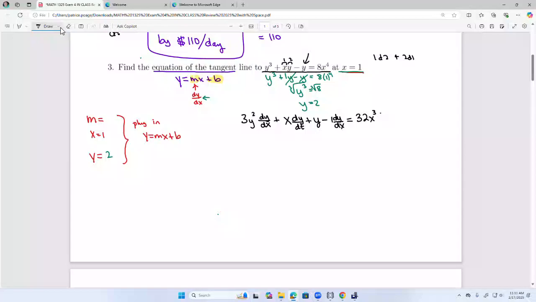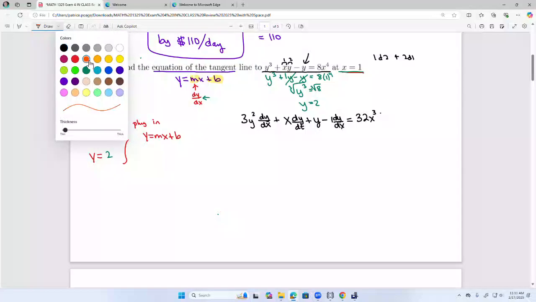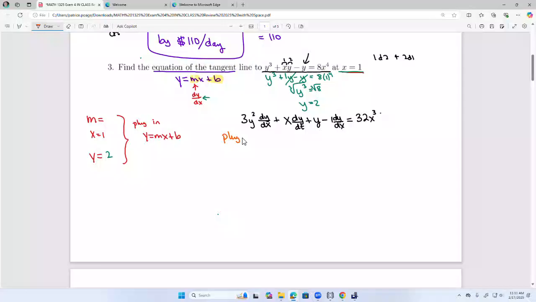At this point, I'm going to plug in the point that I was given. So I'm going to plug in x is 1, which was given to me, and y is 2, which I found. So I have 3 times 2 squared dy dx plus 1 dy dx plus y minus 1 dy dx equals 32 times 1 cubed.